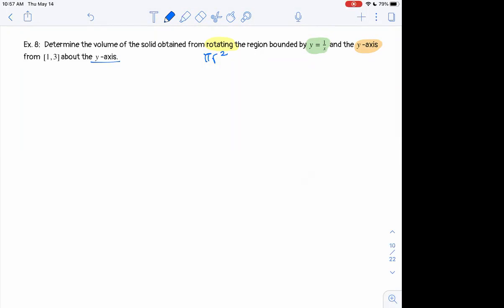So let's unpack this a little bit, because as you can see, training wheels are off a little bit, right? There's no fancy diagram, so we're kind of left on our own to come up with a picture that is somehow helpful to us to figuring out what to put in our equation. So let's go ahead and sketch a diagram.